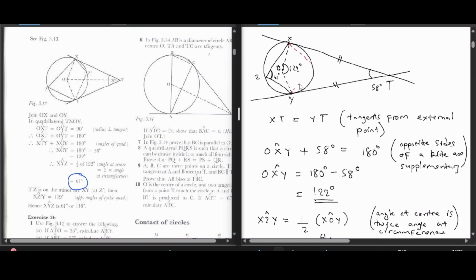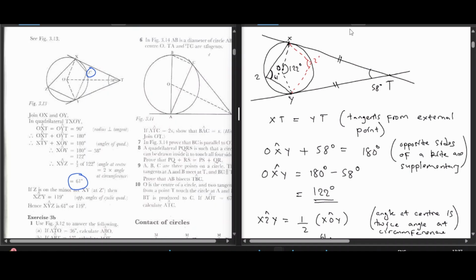This is too much circumspective, and because they say angle and so on, it's too much circumspective. So follow what I have done.